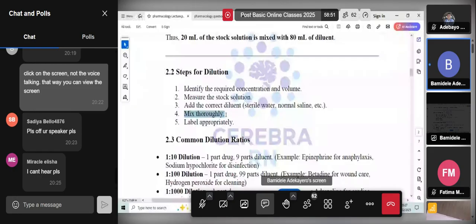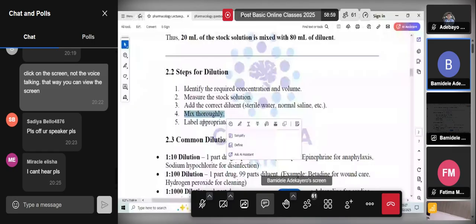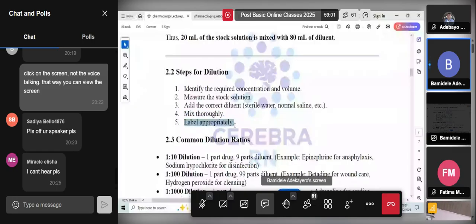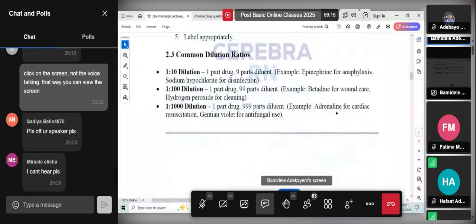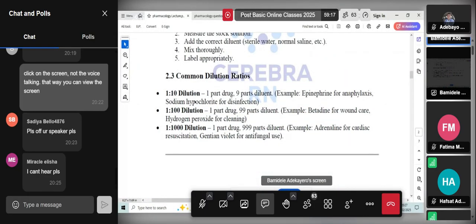That is why you need to mix them properly before you give medications. And then you label. You label them because it is very important to avoid medication errors. The time of mixing the medication is very important. The concentration or dose of the medication is also very important. So those are the steps. They're pretty self-explanatory and simple for nurses.